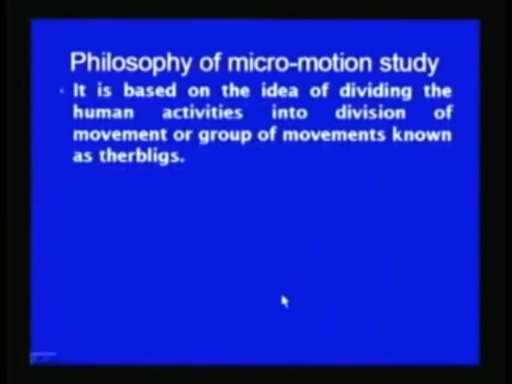The principle of micro motion study is based on the idea of dividing human activities into small divisions of movements or groups of movements. Like, picking up of a job can be divided into reaching up to the job, grasping it, and then transporting it to the position where it is required.